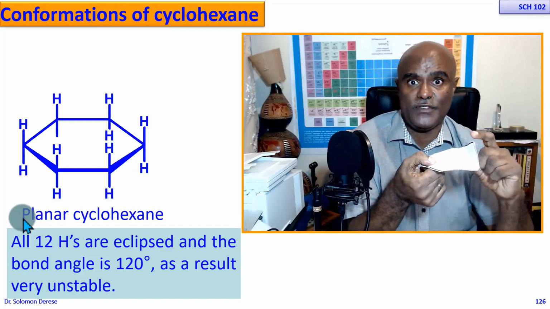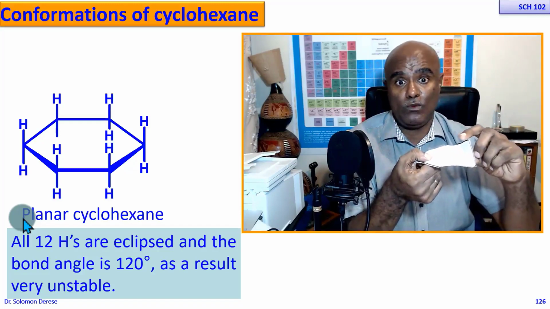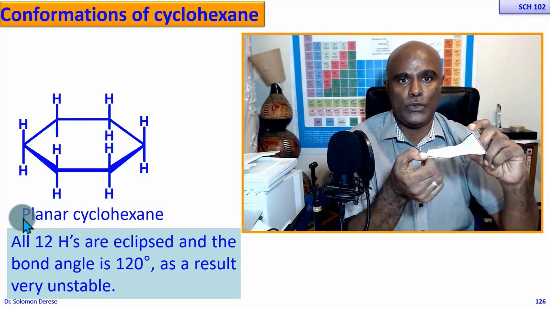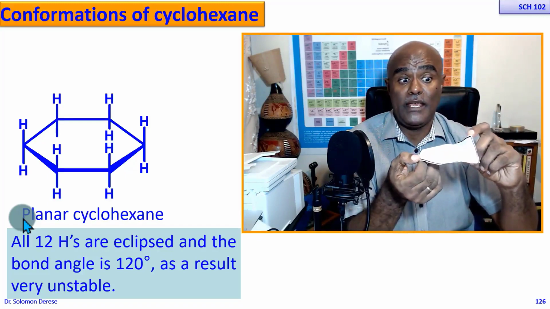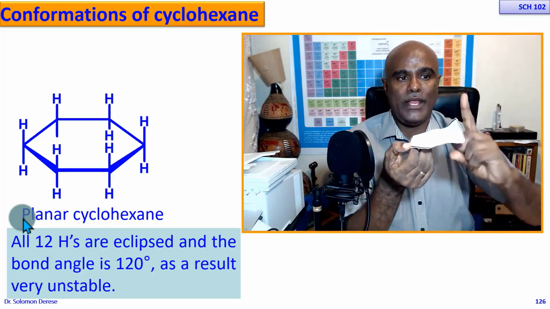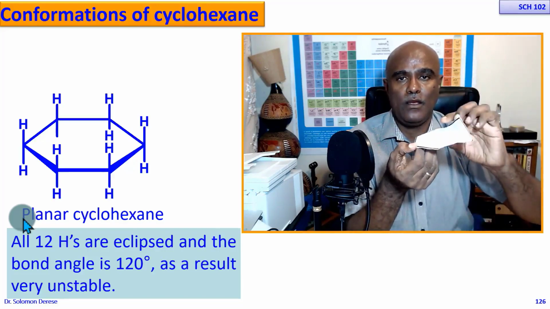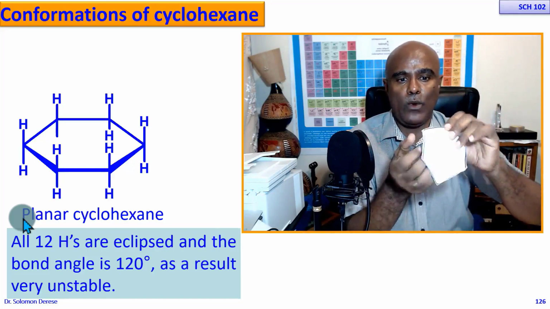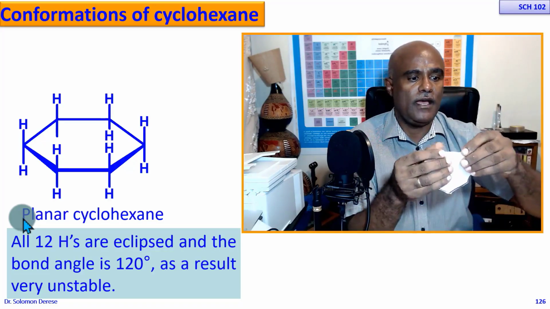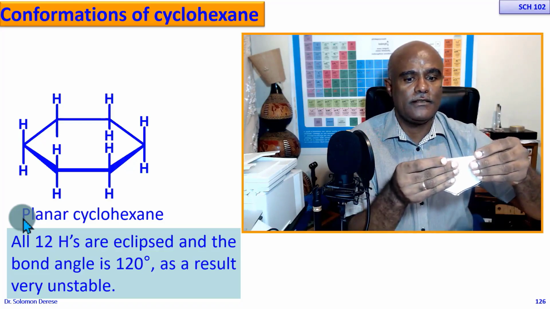But in the case of cyclohexane, this one and the carbon that is directly opposite to it will come out of plane. This one will go out of plane by going up, while this one will go out of plane by folding down like this.